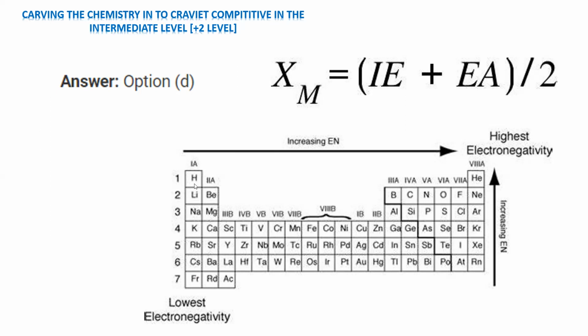For example, if you observe hydrogen, lithium, sodium, potassium, rubidium, cesium, and francium, francium is the most electropositive, rather the least electronegative element. Lowest electronegativity will be noticed for the elements in the extreme left bottom corner.